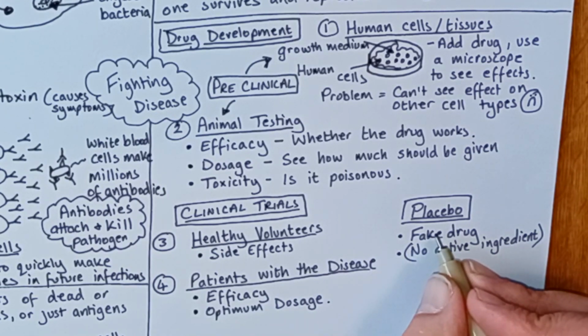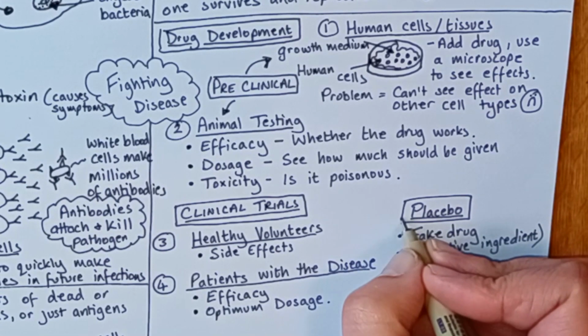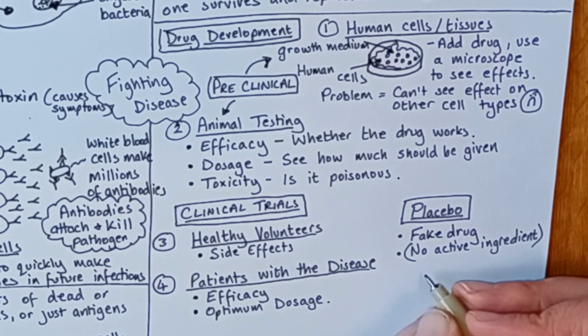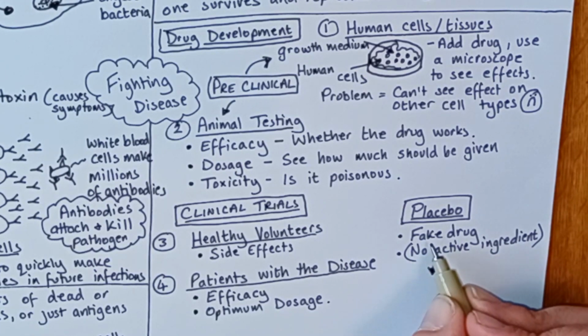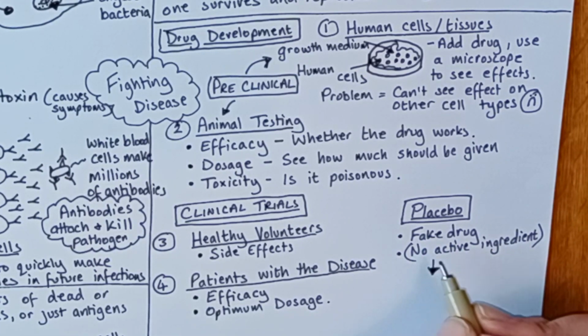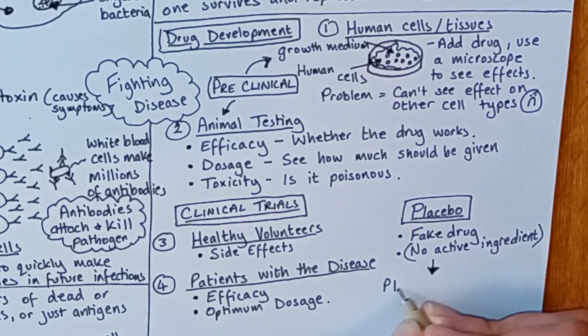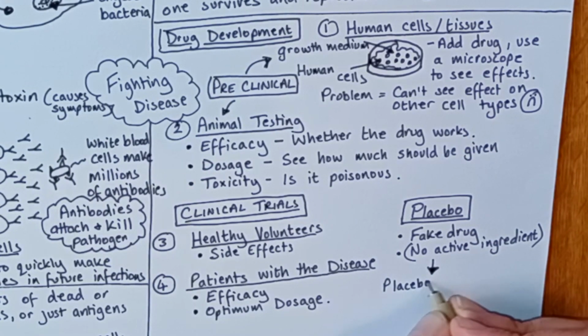And when you give somebody a placebo, there's a demonstrated and recorded effect called the placebo effect. And this is when you give someone the fake drug and they think they feel better. So the placebo effect.